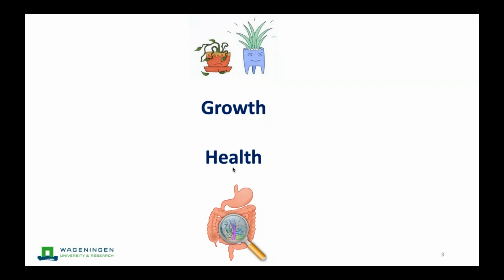What is the relation with metabolomics? Well, many of these processes are heavily dependent on small molecules. If we think about resistance, then antimicrobial compounds, antibiotics for example, can be produced by microorganisms, and they can help to fight off pathogens.